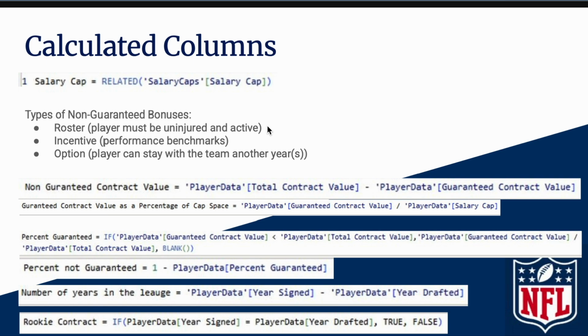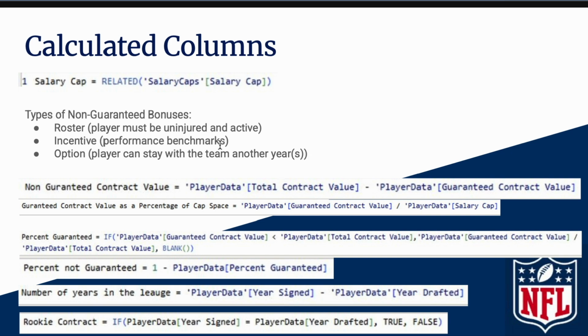There can be incentive bonuses, where if a player gets more than a certain number of yards or a certain number of receptions or something like that, they can make more money that way. And options, where if the contract runs out, sometimes there's an option to stay with the team and make a little more money if the player chooses to do so.